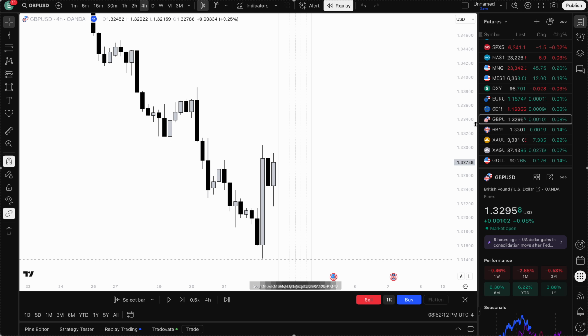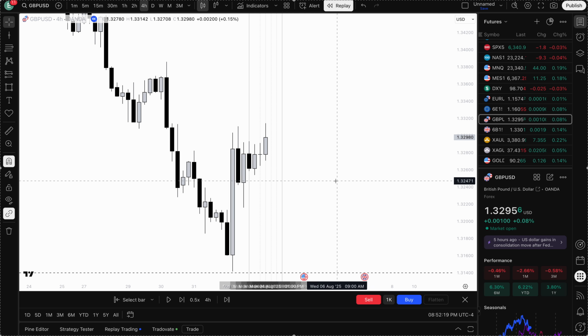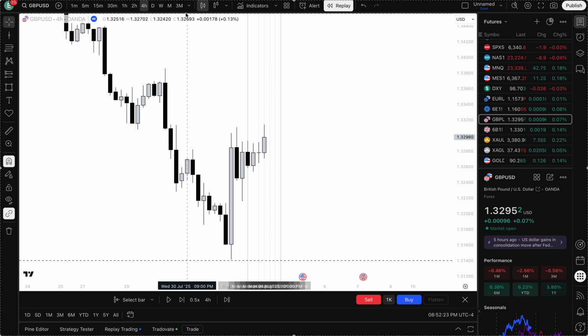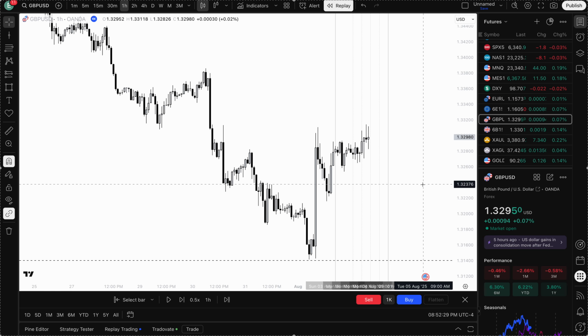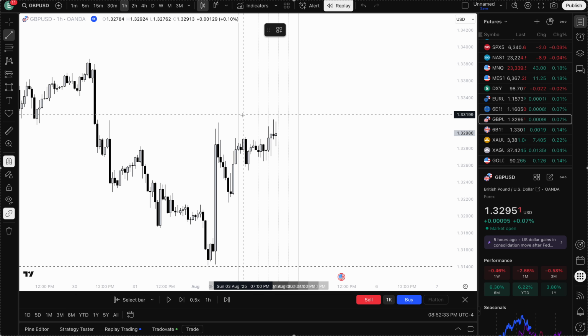Let's see what happens. Okay, so what do we have here? Well, we're looking for a bearish setup. And let's look at the 1 hour to make this clear. So we're looking for shorts.